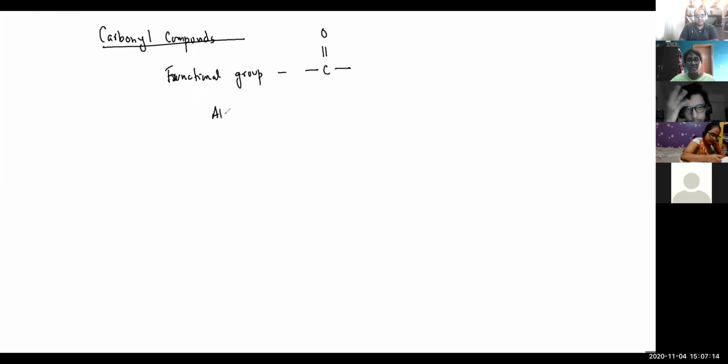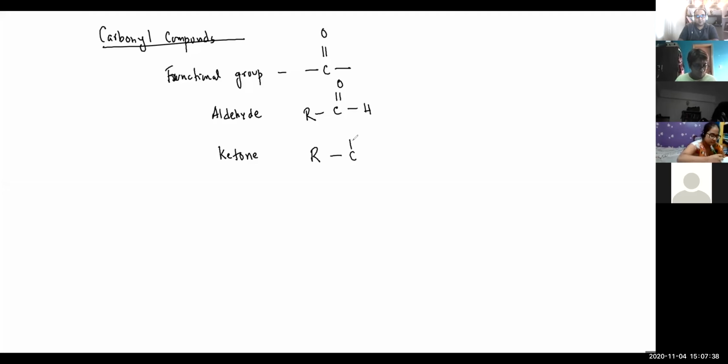If it's an aldehyde, it's a C double bond O with an H and with the R group. R group can be any alkyl group or anything else. Not a matter of concern for us, because our main concern is the functional group. And ketone is R C double bond O R prime.